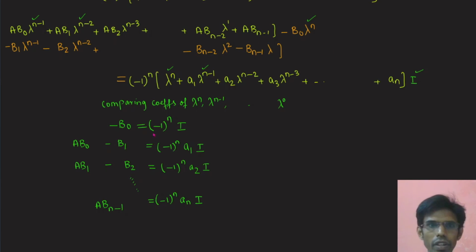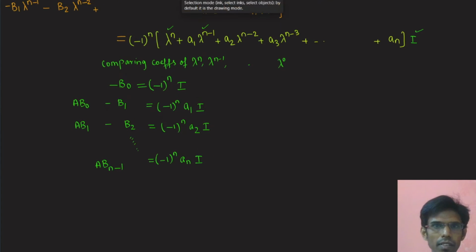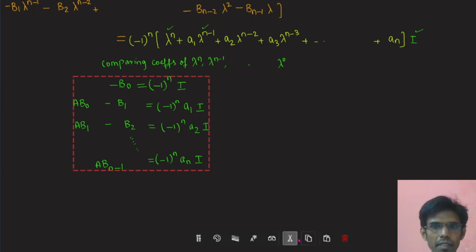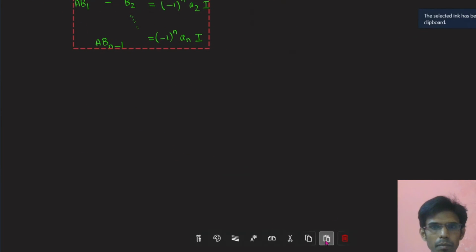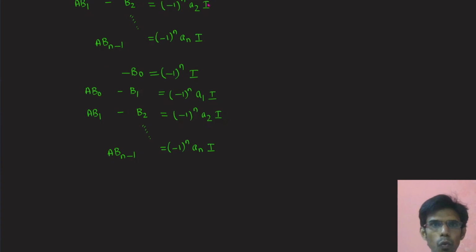Now if we look at this coefficient, copy these coefficients. Now what we'll do, we'll multiply this equation by A power of n. Multiply this coefficient by A power of n.